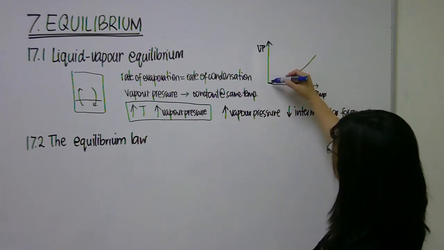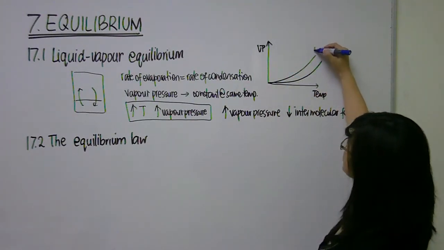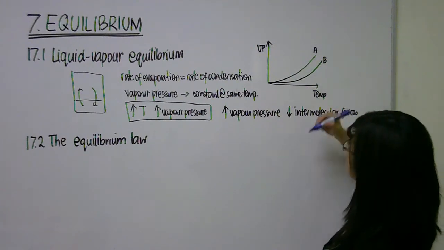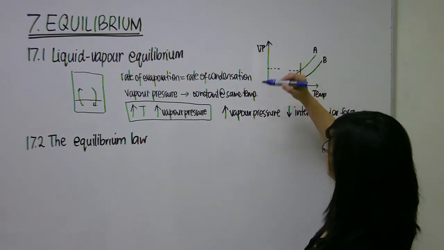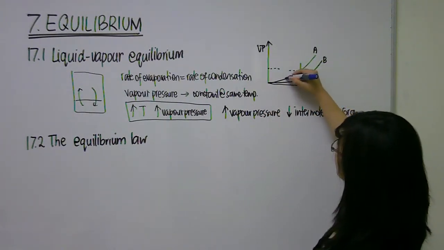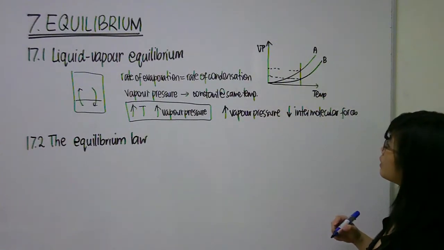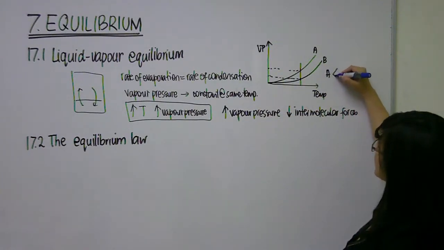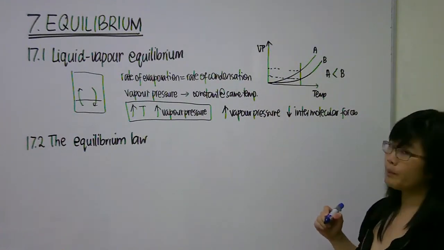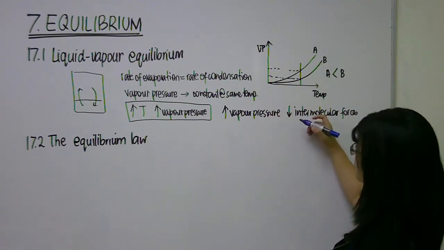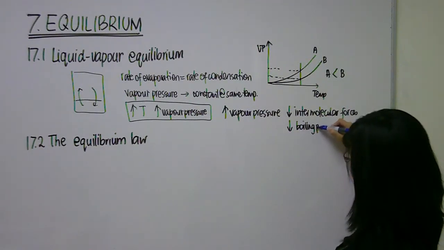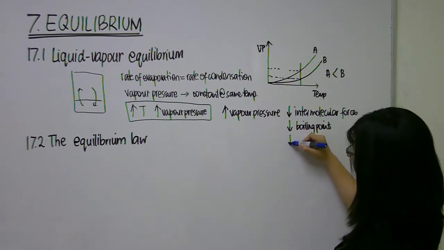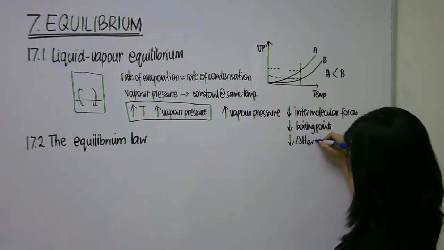For example, if I have two graphs like this, one is substance A and one is substance B, at the same temperature, the one with the higher vapor pressure will have lower intermolecular forces, which means A has weaker intermolecular forces as compared to B. This will also lead to a lower boiling point and lower enthalpy change of evaporation.